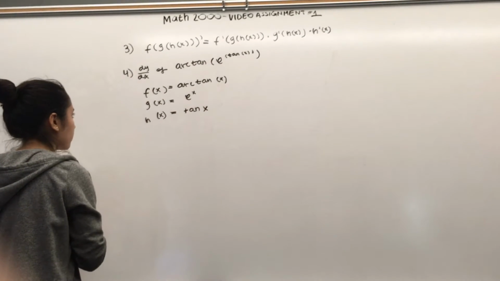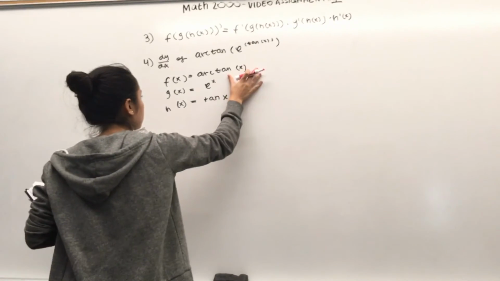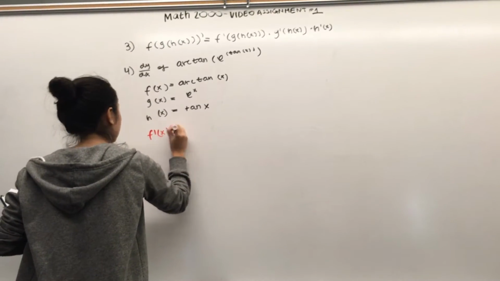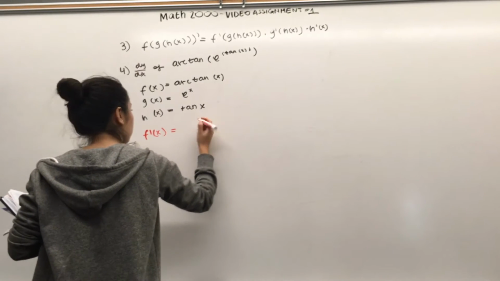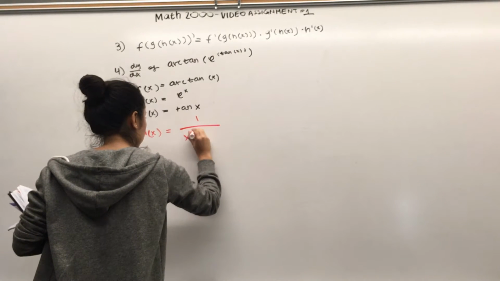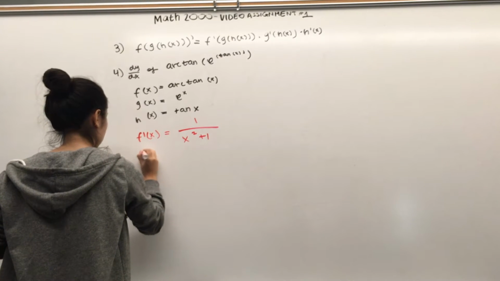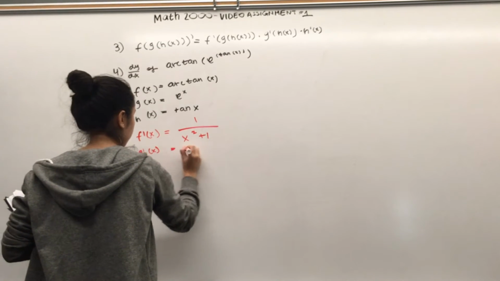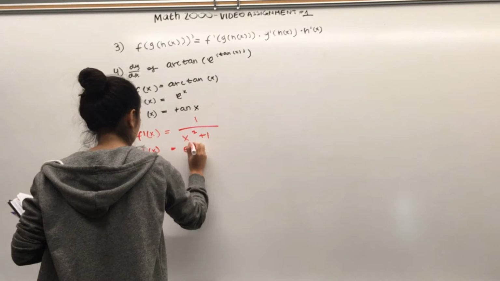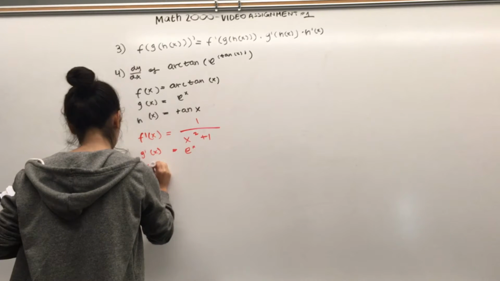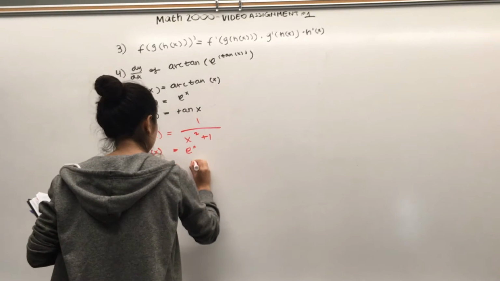So the derivatives of these functions would be, the derivative of f of x would be, as we saw, 1 over x squared plus 1. The derivative of g of x would be e to the power of x, and the derivative of h would be secant squared.